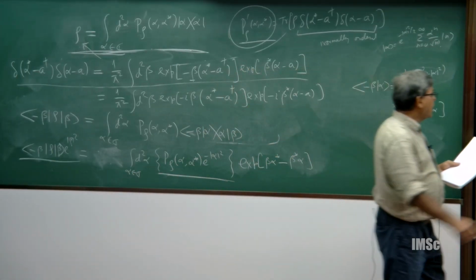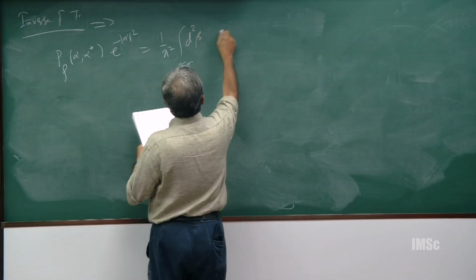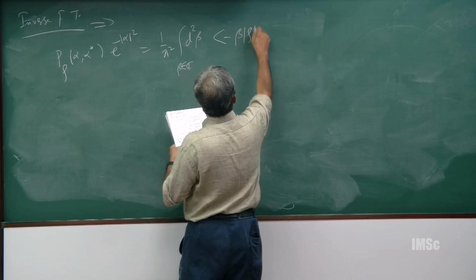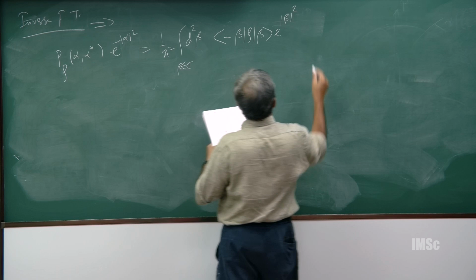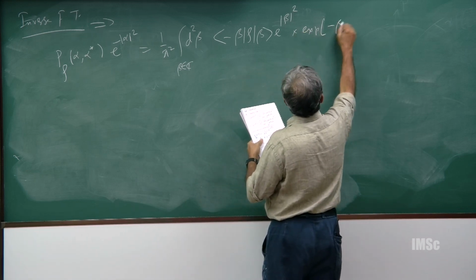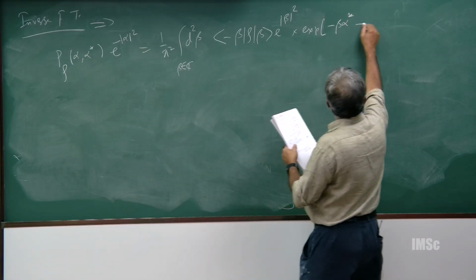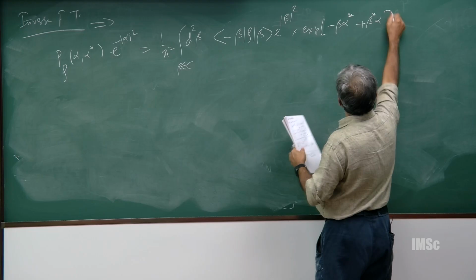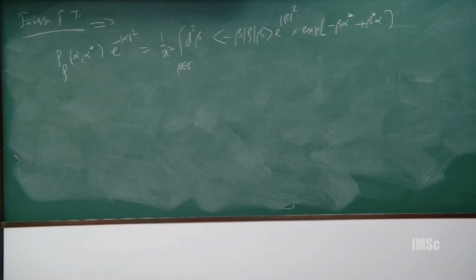So, 1 upon pi square, then integral over beta belonging to C d square beta minus beta rho beta e to the power beta square, then exponential of minus beta alpha star plus beta star alpha, because it is just the negative of this exponent, right. This is what you will get.